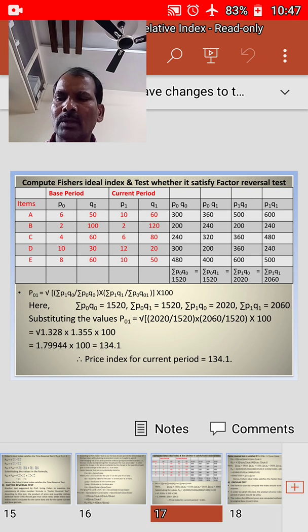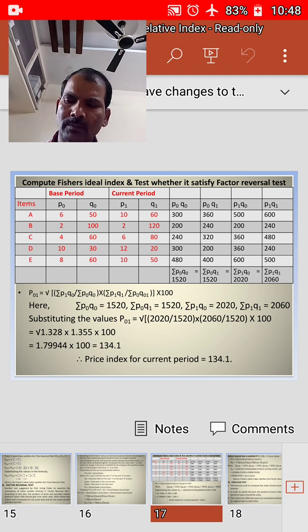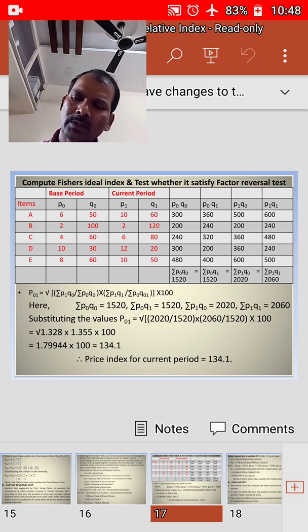If you multiply 1.328 into 1.355, you will get 1.79944, under root, into 100, which is equal to 134.1. The price index for the current period is 134.1.